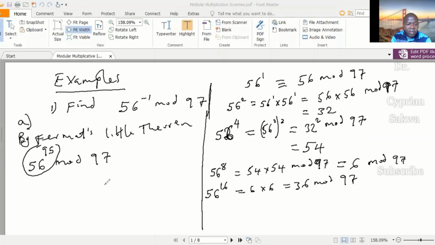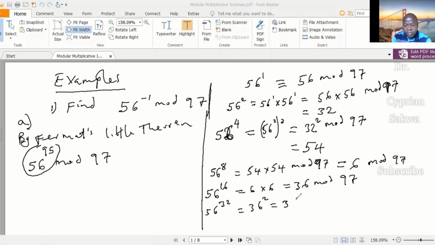What's the square of this? What I'm looking at is 56 raised to 95, so I'm squaring and squaring until I get there. The square of this is 56 raised to 32, which will be 36 squared, and when you do that using a calculator, you get 35.